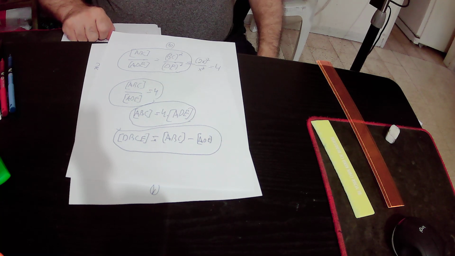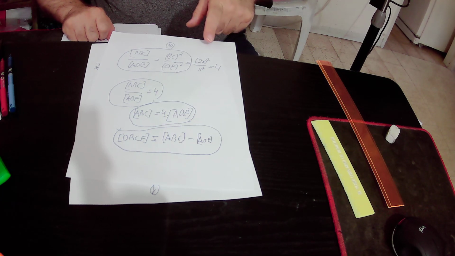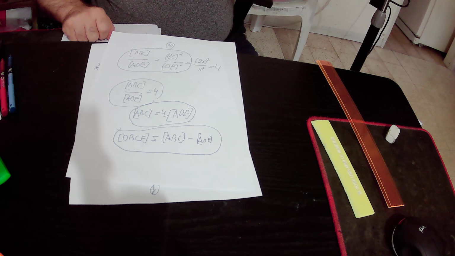Okay? And then BC equals 2x, so BC square is 2x square, and DE equals x, so DE square is x square.